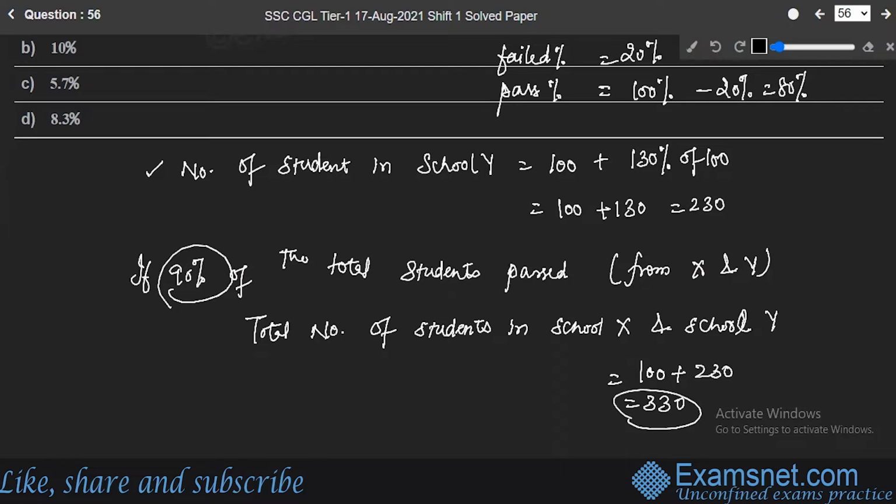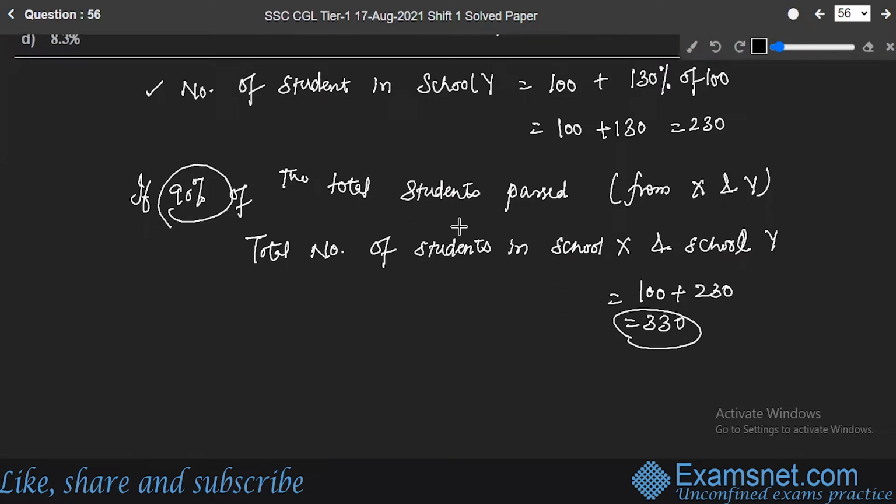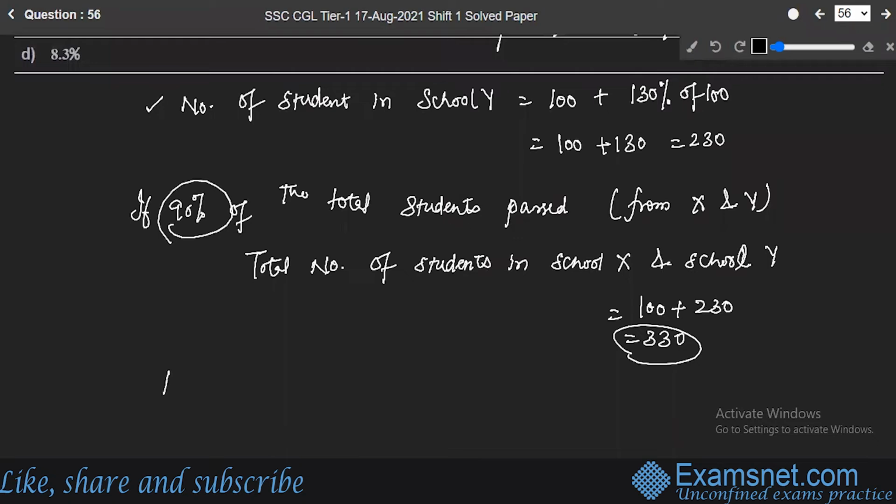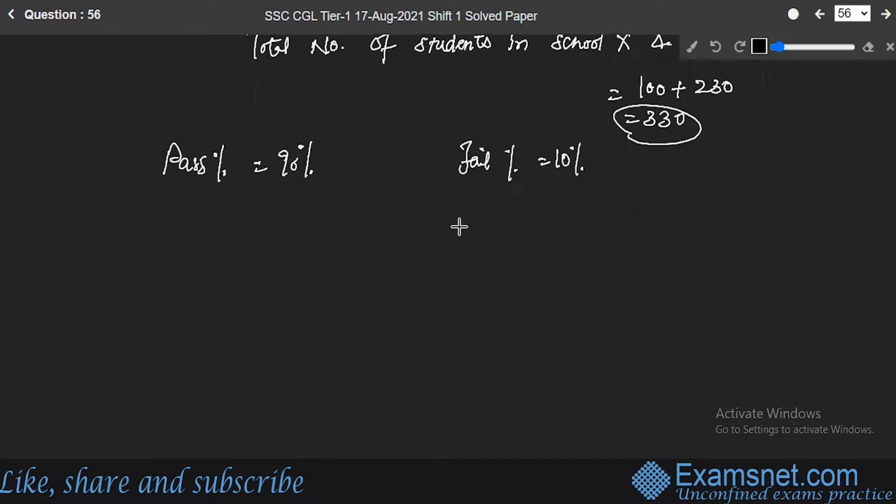Correct? How many failed? 10% failed. Of course, 10% failed. So pass percentage 90, fail percentage 10.